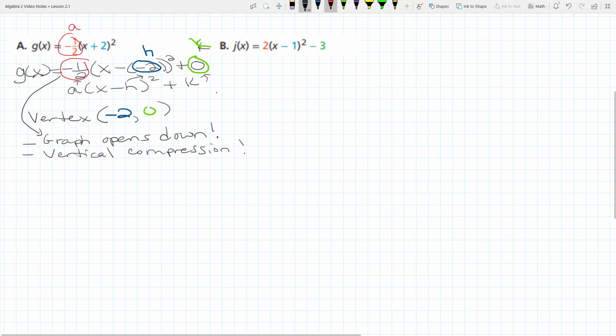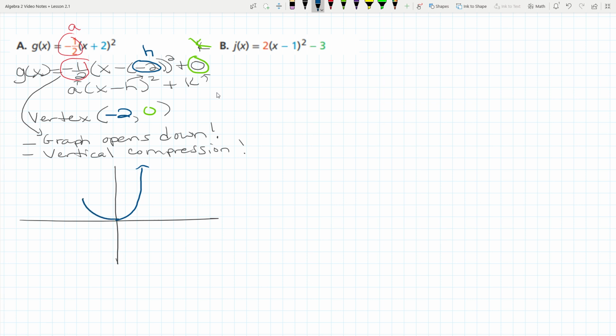Okay, so let's quickly draw a graph so that you get an idea of how this looks. So in blue, this is how the graph of x squared looks, the parent function. Now, if we want to graph this guy, we know that it's opening downward, right?